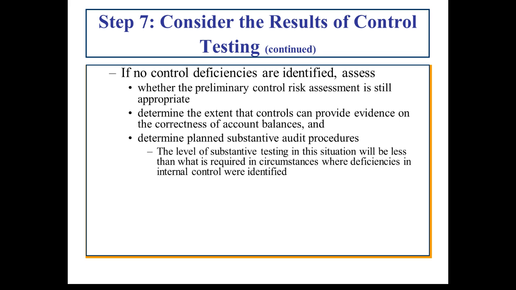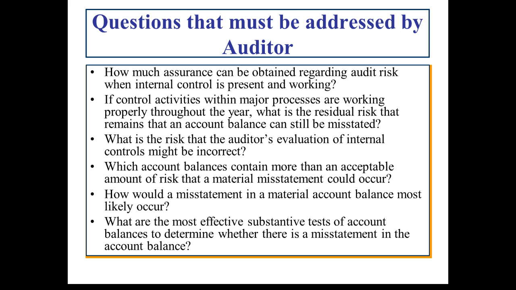And then from there we might look at doing some substantive testing, and maybe we can reduce our substantive testing because our controls are in place as we had hoped they would be. So from the information we gain, there's a constant revision of the potential audit tests that are in place.